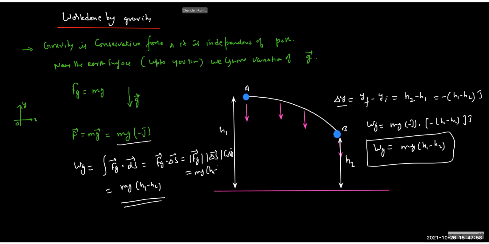And now the magnitude is mg, the magnitude is h1 minus h2, the value is 1. So of course the answer is correct. So anyway, the work done by gravity does not depend on path. So let's do some calculation of work done by gravity in various numerical calculations. These are going to be problems or numericals of the future.